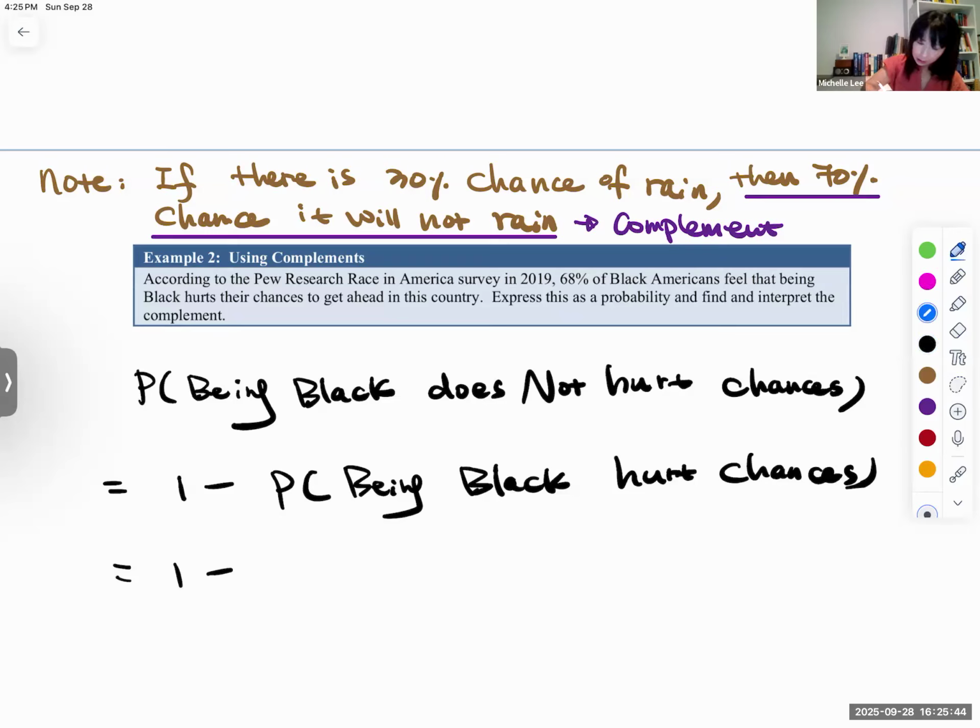So we have 68% times 0.01. So we take out the percent notation. So this means we move the decimal point. Pretend the decimal point is here, 68 is the same as 68.0%, right? So pretend the decimal point here, we move to the left twice, yeah?